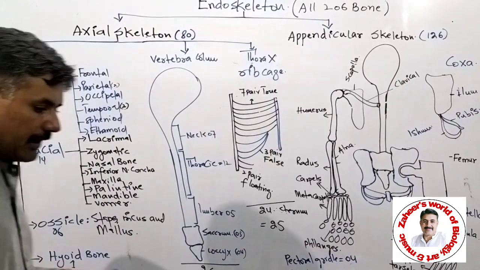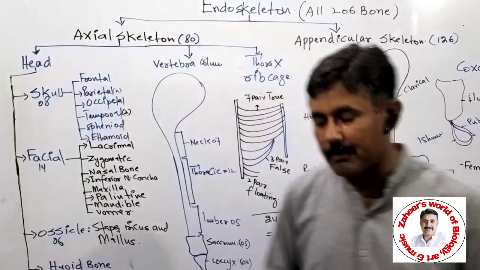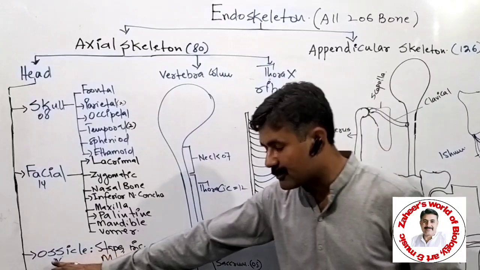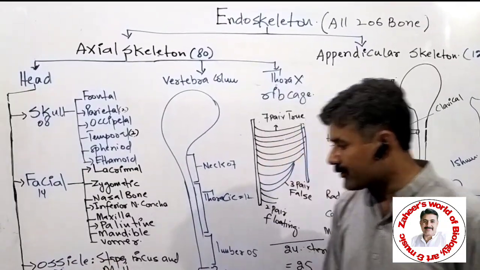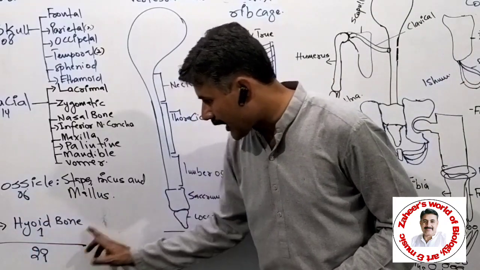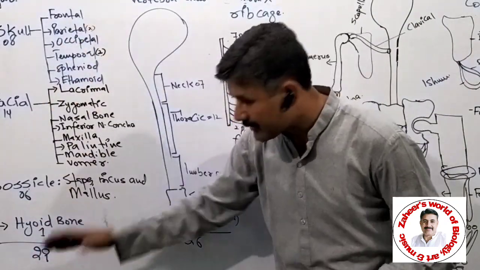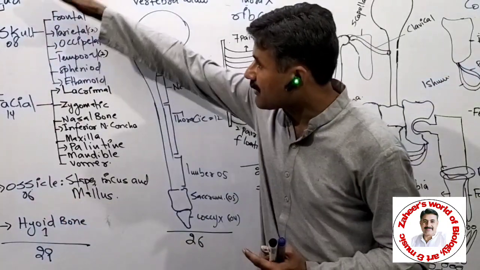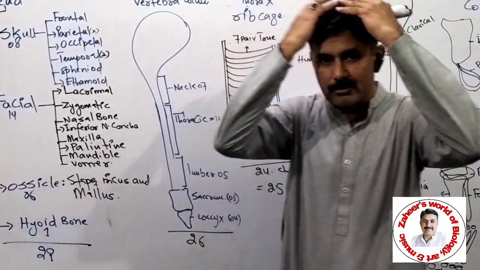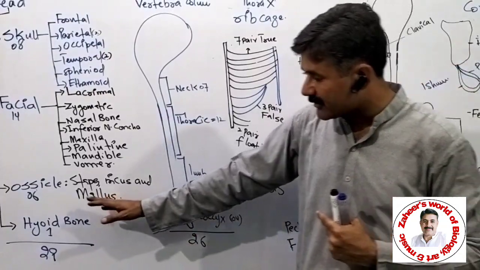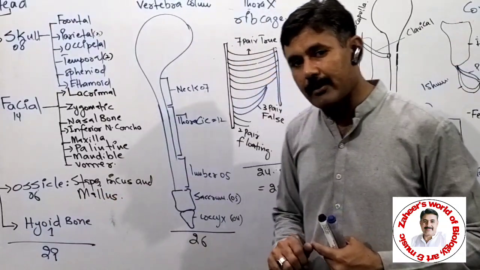They are present in pairs, and these 6 bones are said to be the smallest bones, called ossicle bones. And there is a single bone called the hyoid bone. These all include a total of 29 bones present in the head region, including the skull, facial bones, ossicle bones, and hyoid bone.